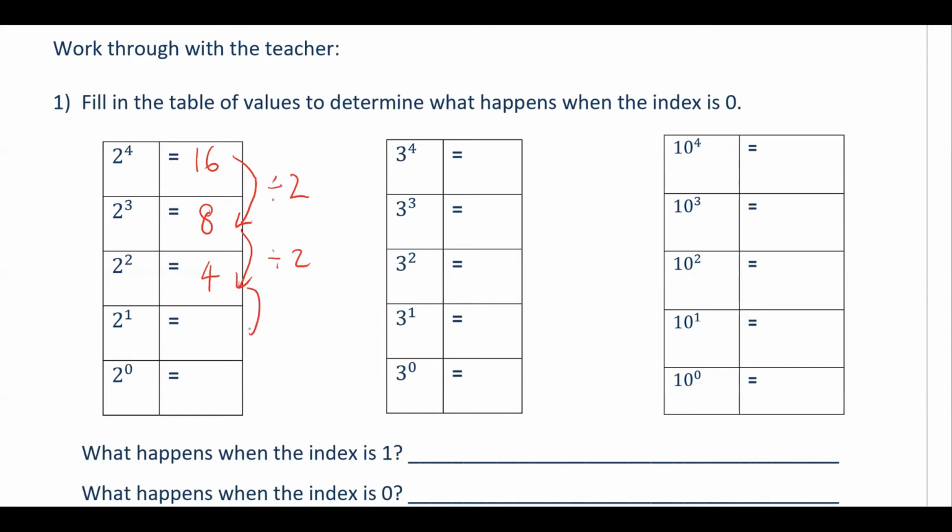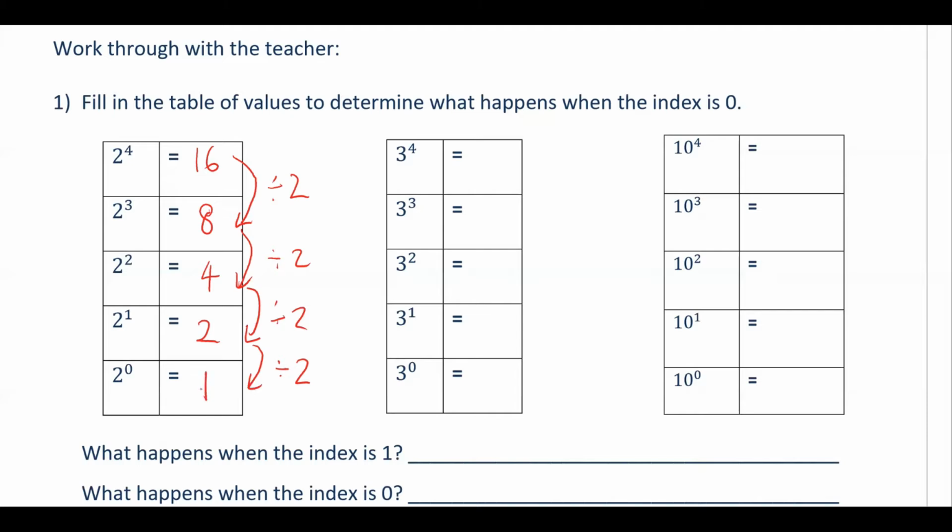So what do you think would happen if we take 2 to the power of 1? Now that means there's one of the 2, hence our result is 2. And if we keep this pattern going, what do you reckon it would be if the power is 0? What is 2 divided by 2? And the answer is, of course, 1.